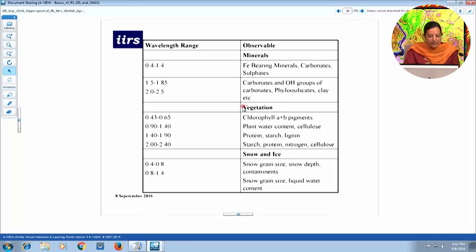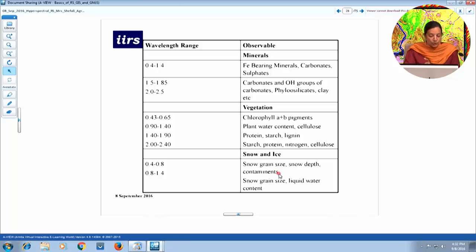If I talk about vegetation features, then in terms of chlorophyll differentiation, plant water content, cellulose, protein, starch, lignin, 0.43 to 0.65, the visible region, the near infrared and the short wave infrared are significant. Short wave infrared is for the water content in the plant.